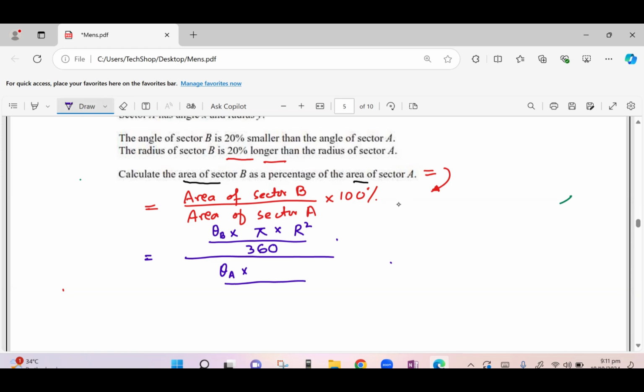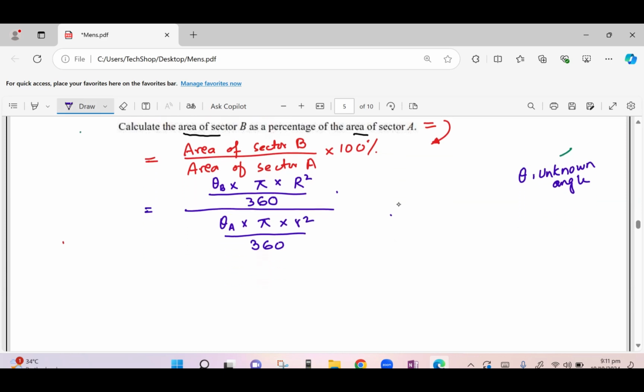I'm using this symbol for the unknown angle, like x. You can use any symbol, times pi times small r square over 360. Before inserting the values, you have to simplify this fraction. And how to simplify this? Basically, you can cancel out.